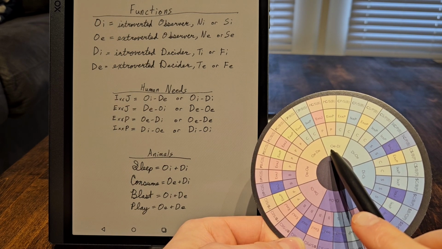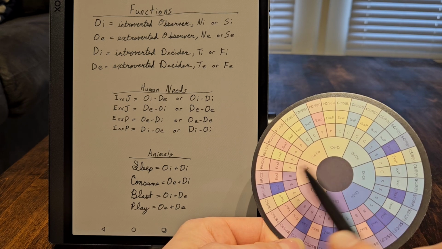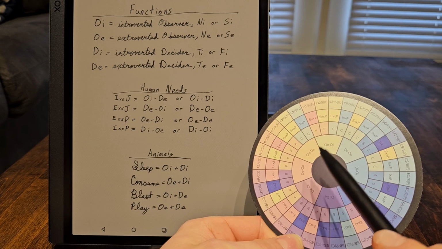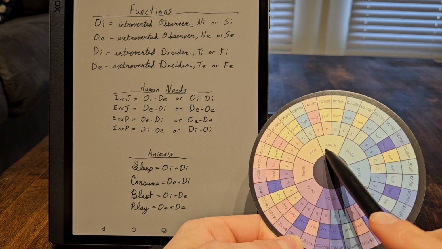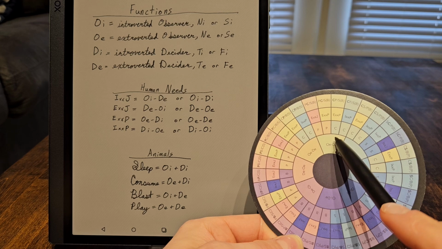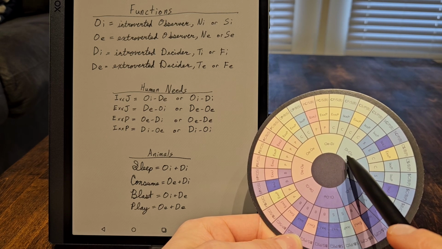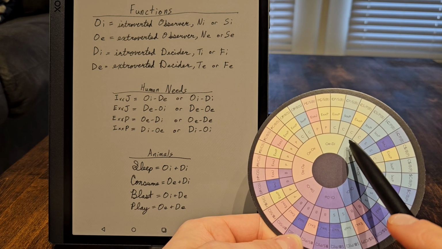And that OE, DI, if you look over here for OEDI, that's consume, right? So if you have those functions activated strongly, then you could have it OEDI or DIOE, but either way, you're going to have consume pretty strongly activated.